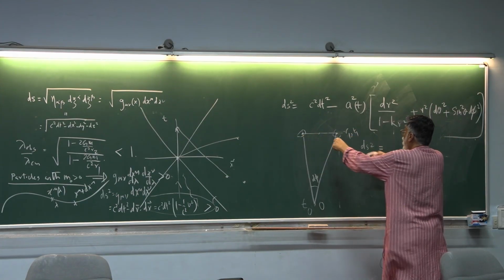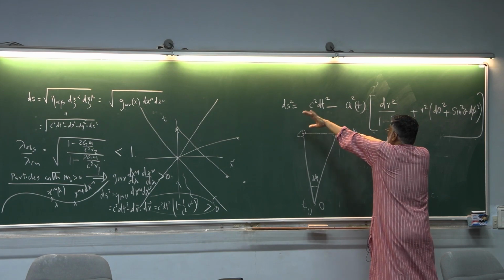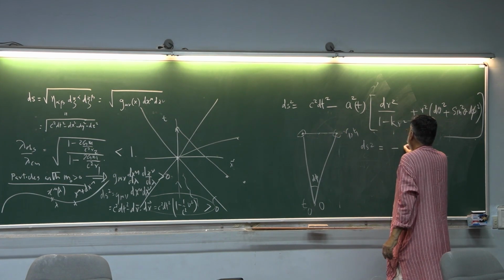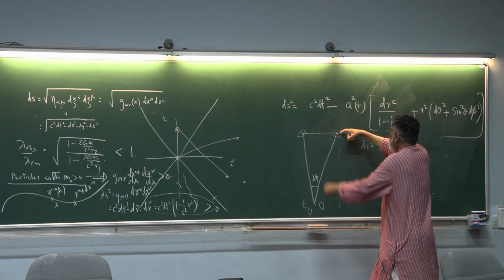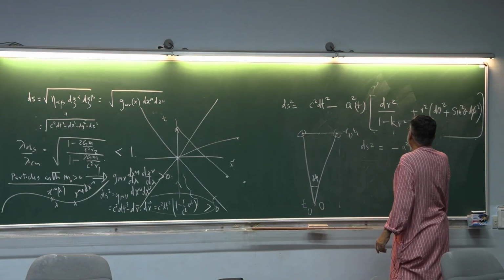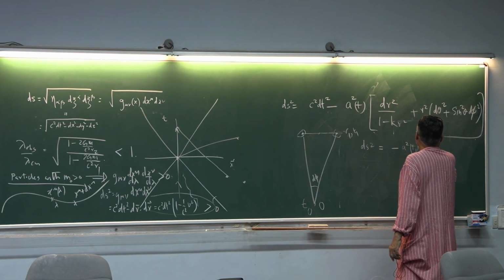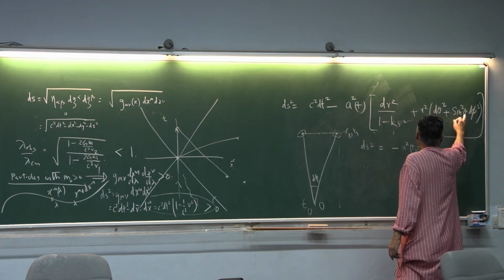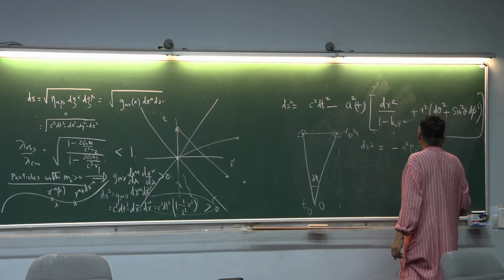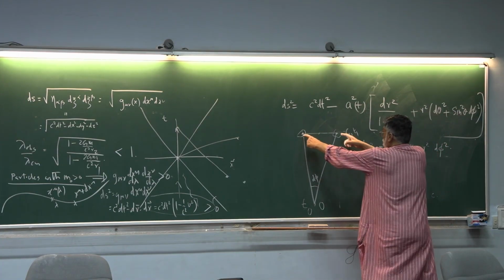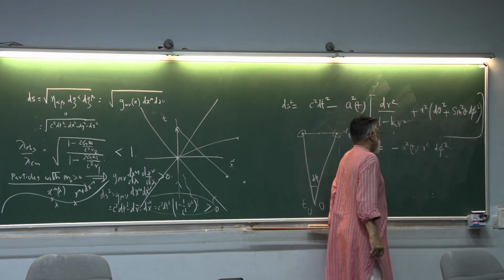They are being sent at the same time t1, so dt is 0. I'll get minus a square of t1, because the light is being sent at time t1, times r square, theta is pi by 2 so d theta is 0, sine square pi by 2 is 1, times d phi square. And this is the angular separation, d phi square.